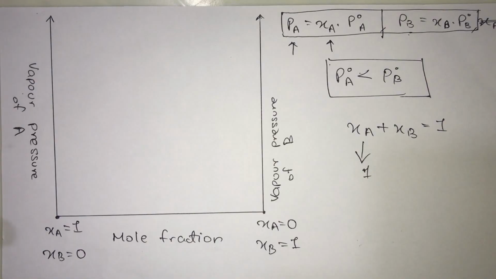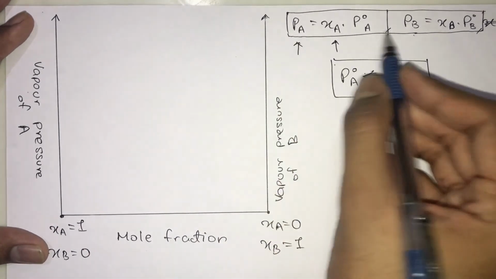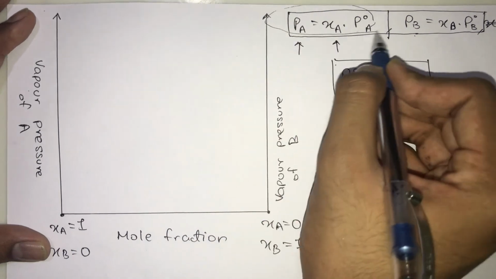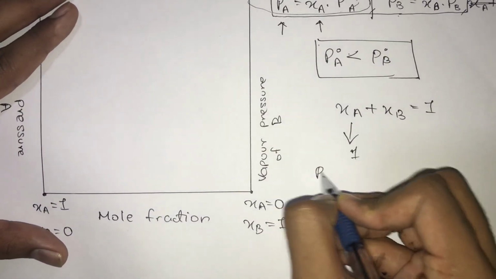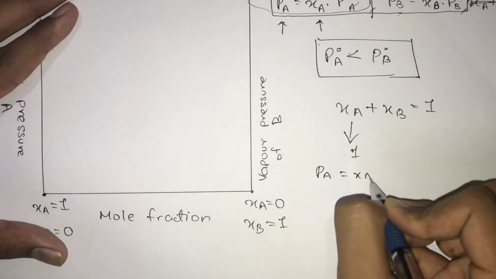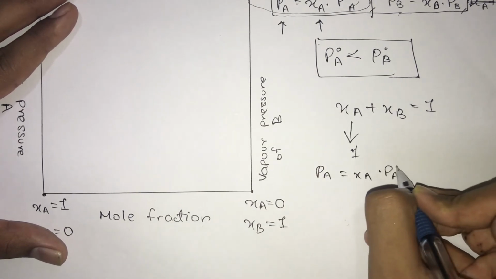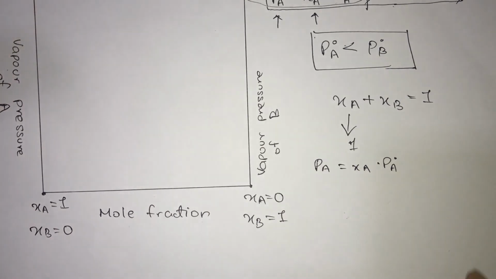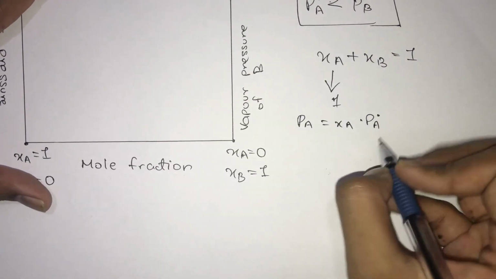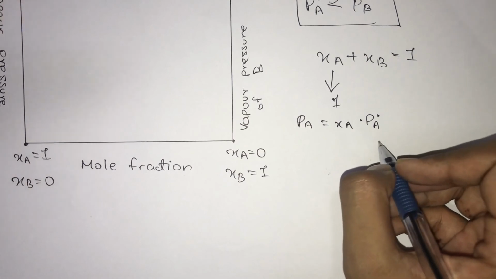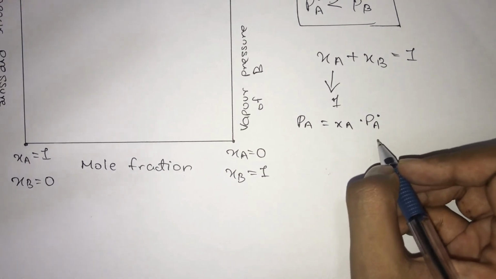Now guys, we are having two equations over here, so let us consider this first equation. Let me write it over here so that I will be able to explain a little better. Over here this PA naught is nothing but vapor pressure of A, and this vapor pressure of A is going to remain constant.